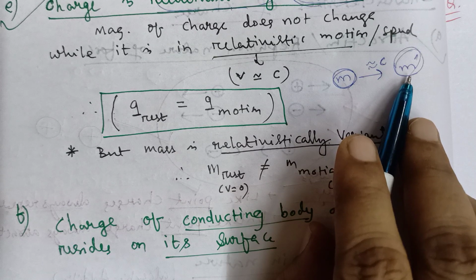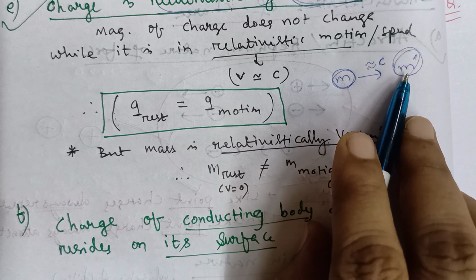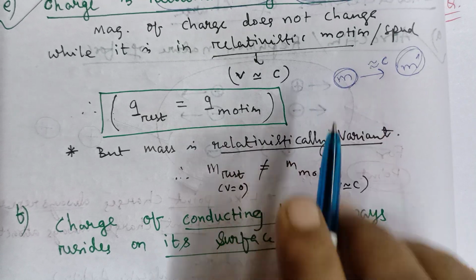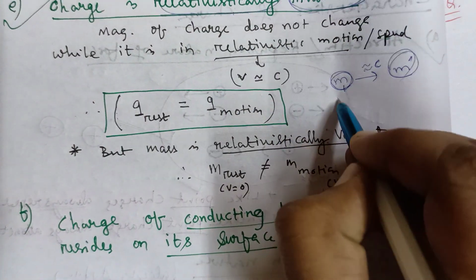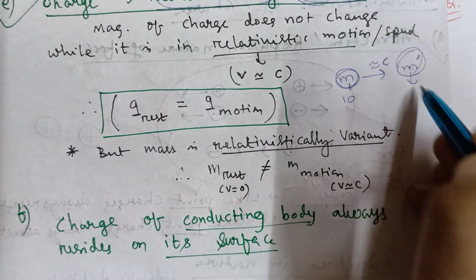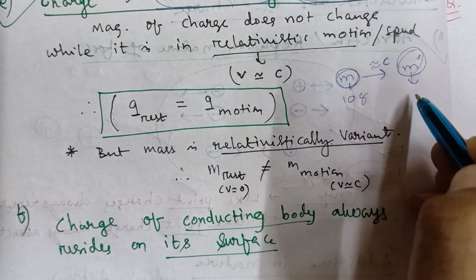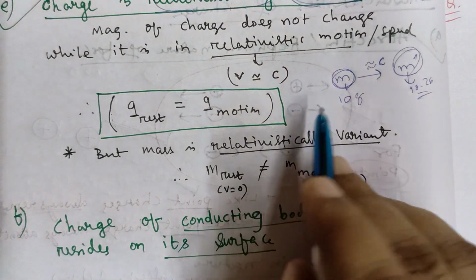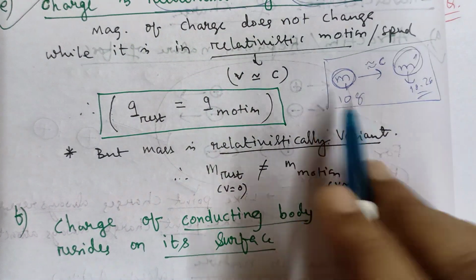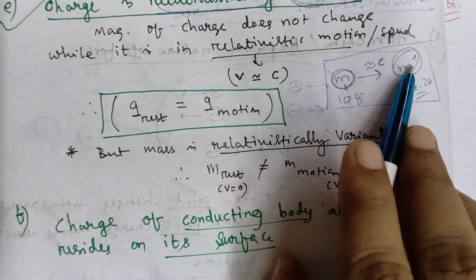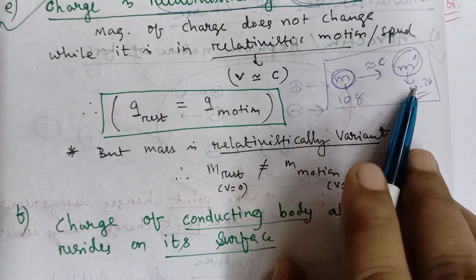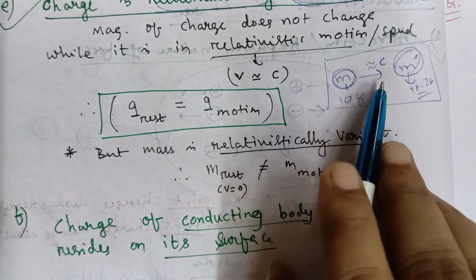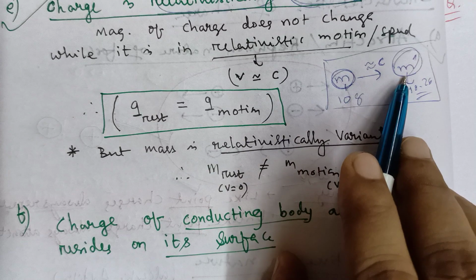Relativistic mass means the mass when a body moves with relativistic speed. In the case of this pen, if it is 10 gram at rest, then the relativistic mass is something greater than 10 gram, say 10.2 gram. Here you observe that the mass of the pen changes when it moves with relativistic speed.